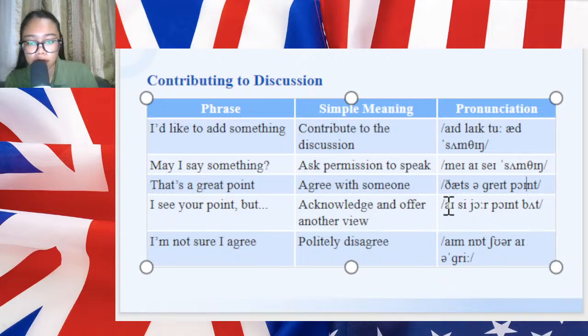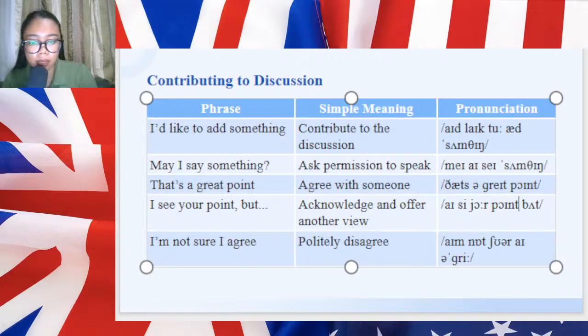Pronunciation wise, we start with I, which is again a clear diphthong sound. And then it's followed by C. So C. And then again, this letter J symbol in the IPA is pronounced as a Y sound. So this is your. We've already talked about point earlier.